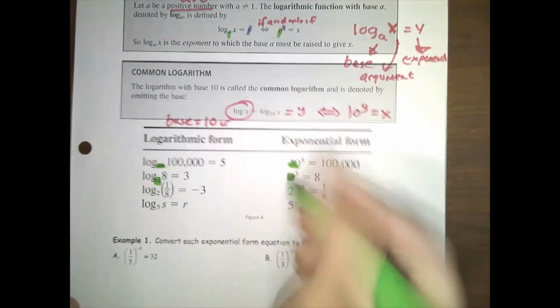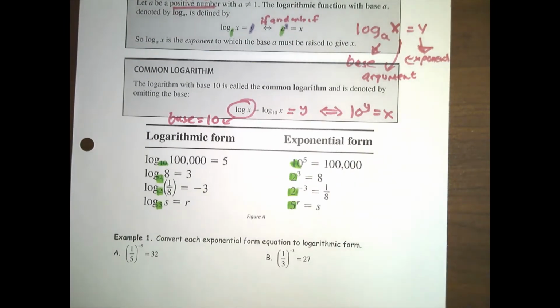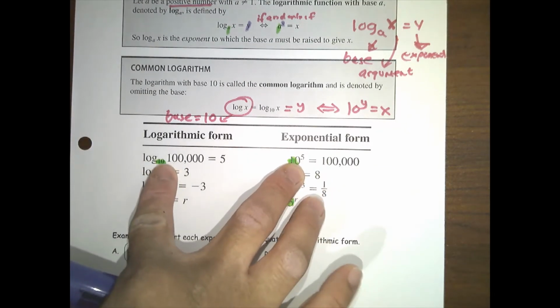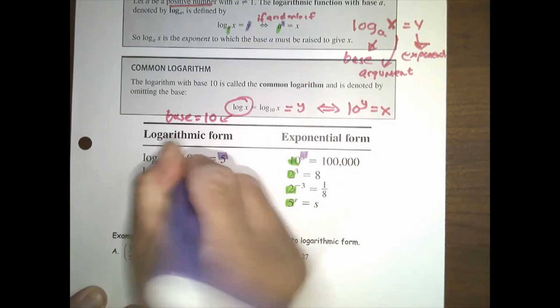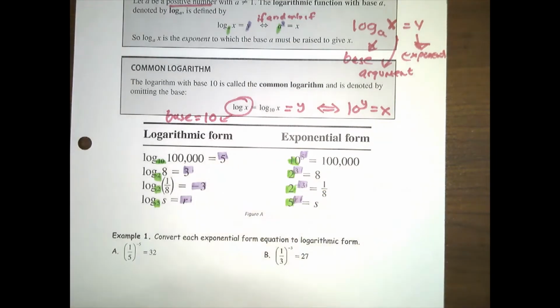That's exactly what happened for all of these: the base was the same for the logarithmic and the exponential form, and then these were all of the exponents. So these are just different ways of writing the same thing.